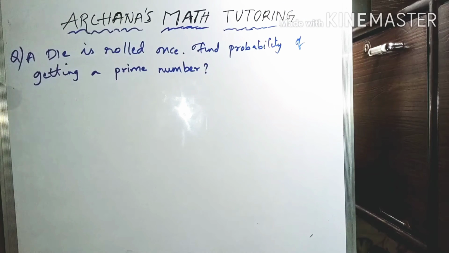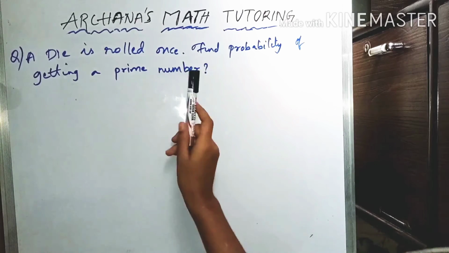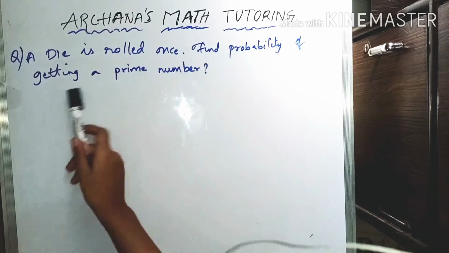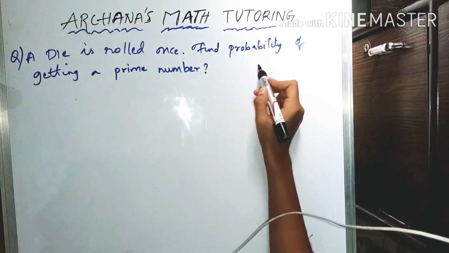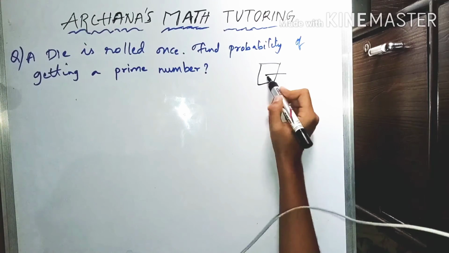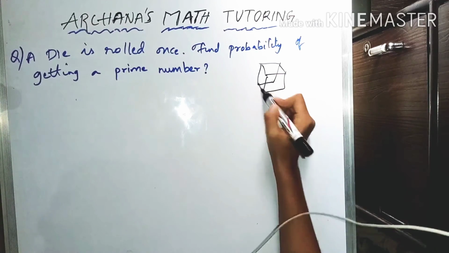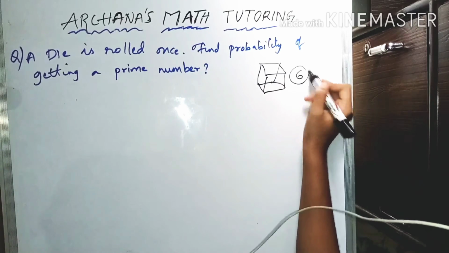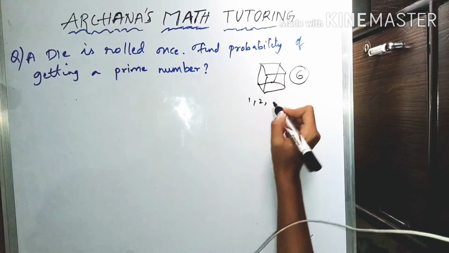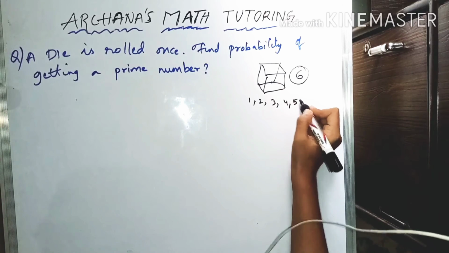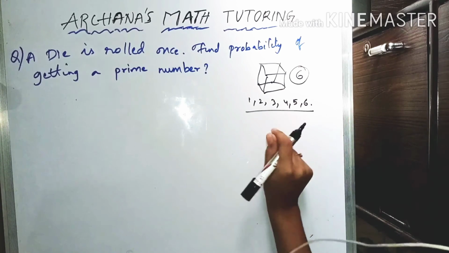So moving on to the next problem, friends. The next problem is, a die is rolled once, find the probability of getting a prime number. So we already know that if this is a die, we will have totally 6 values on it, that is 1, 2, 3, 4, 5 and 6. So these are the available values on the die.